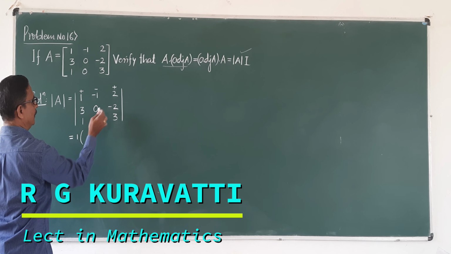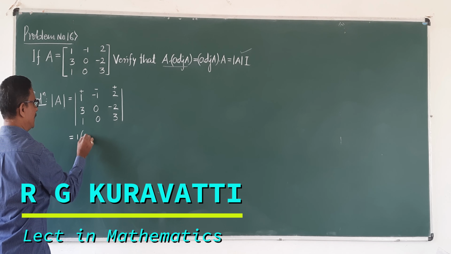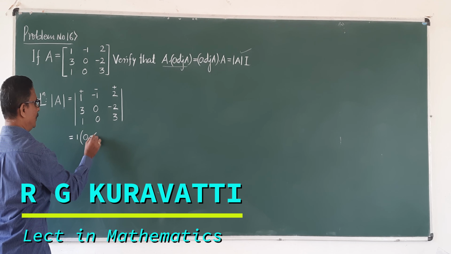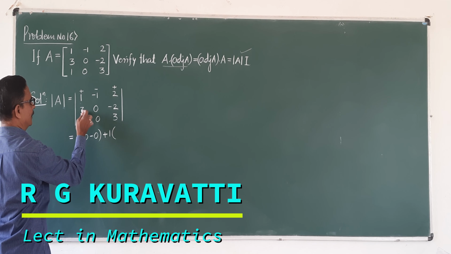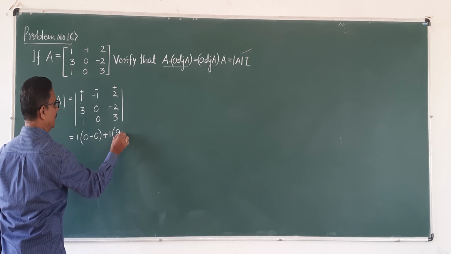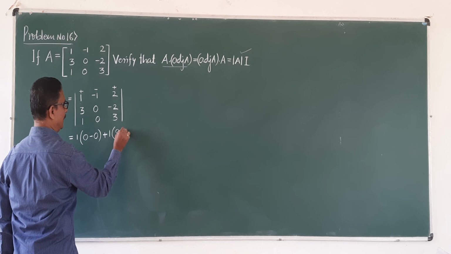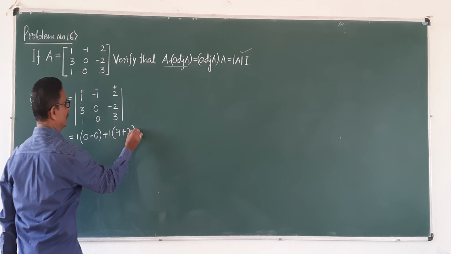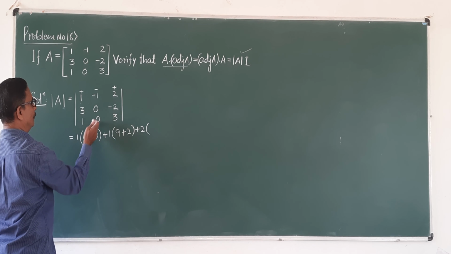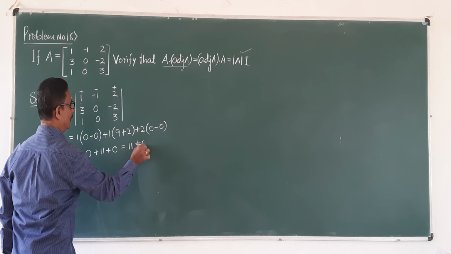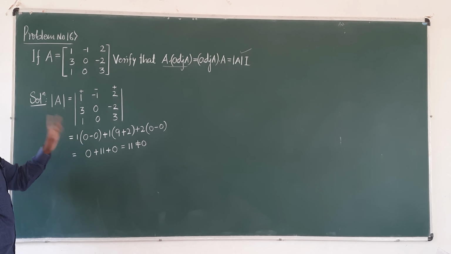Deleting the first row and first column, the four numbers give the difference of the cross multiplication: 0 into 3 is 0, minus 0 into minus 2 is 0, giving 0. Deleting the first row, second column: 3 into 3 is 9, minus 1 into minus 2, which is minus 2; minus into minus is plus, so plus 2, giving 9 plus 2, that is 11. Deleting the first row, third column: 3 into 0 is 0, minus 1 into 0 is 0, so 0. So 0 plus 11 plus 0 is 11, which is not equal to 0. The determinant of A is 11.